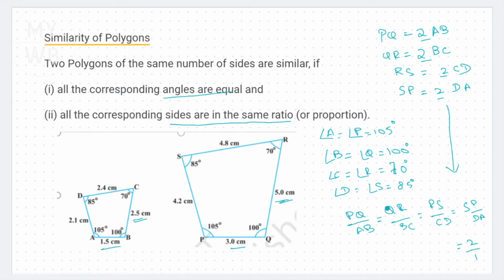The ratio of the corresponding sides are all the same and it is equal to 2:1. So we can say that the two quadrilaterals are similar to each other. We can write quadrilateral ABCD is similar to quadrilateral PQRS. So similarity is given by this symbol.